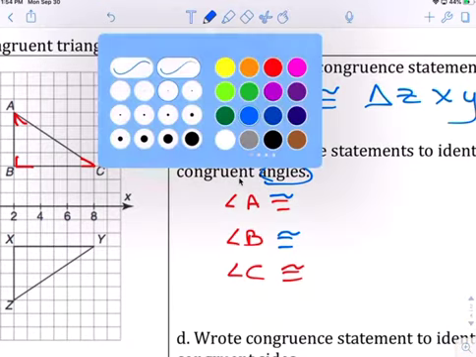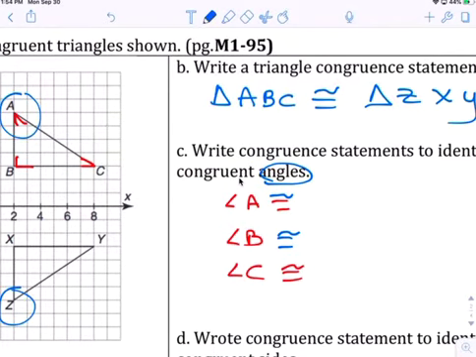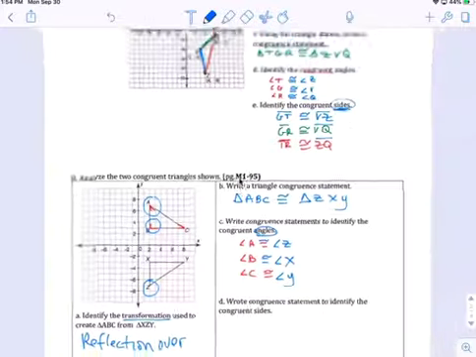Angle A is congruent to angle Z. And angle B is congruent to angle X. And angle C is congruent to angle Y.